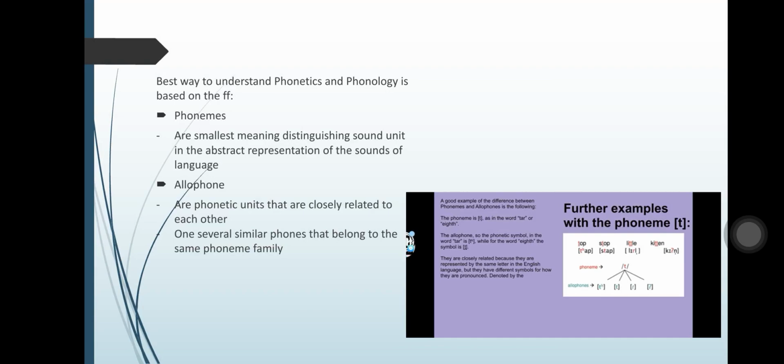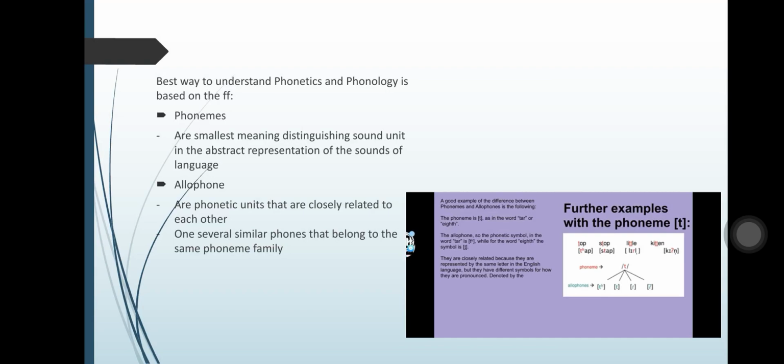Let me provide you an example so that we can further understand the meaning of these two. Here I have a chart. I don't know if you can clearly see it, but in this chart, we have the phoneme T.